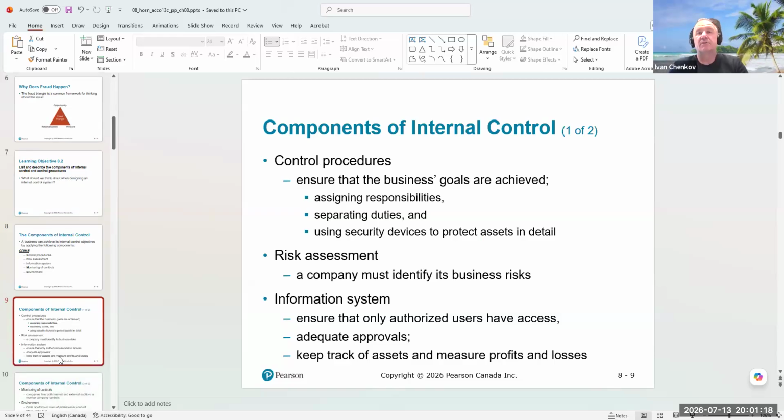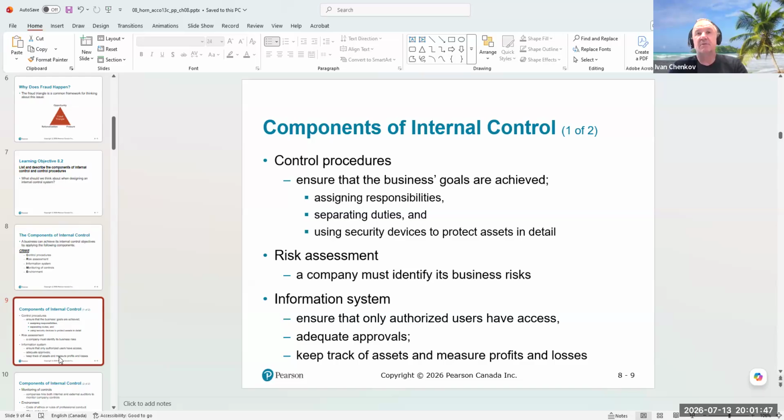Let's go with the control procedures. Control procedures are going to make sure that the business goals are achieved. We need those control procedures for only one reason: to make sure that the business achieves its goal. What's the goal of the business? To be successful, to generate positive income, positive cash. So in order to do that, we have to prevent all the possible bad scenarios from happening.